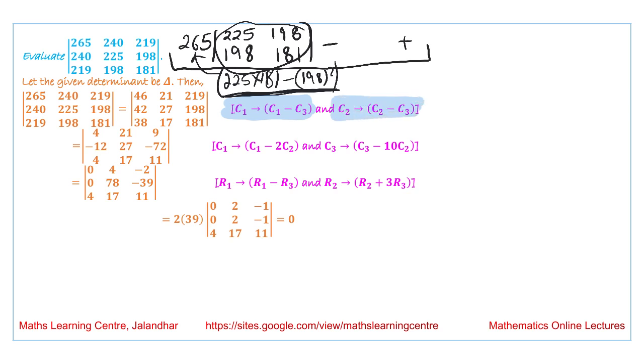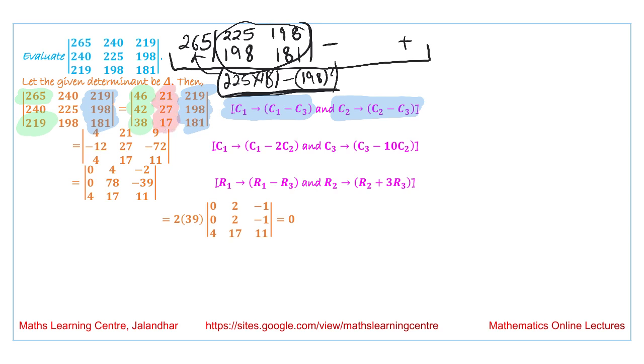Column 3 stays as it is, and we have subtracted the values here: 265 minus 219 is 46, 240 minus 198 is 42, and the last value, 219 minus 181, is 38.